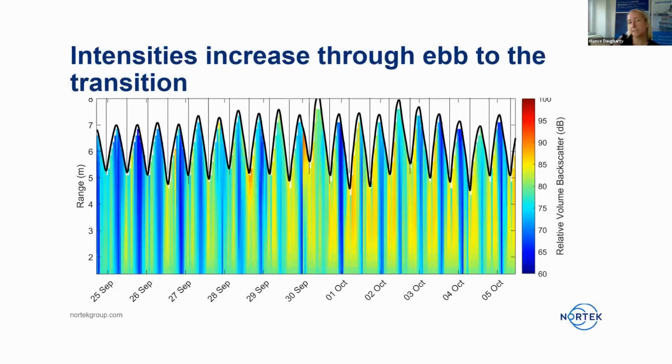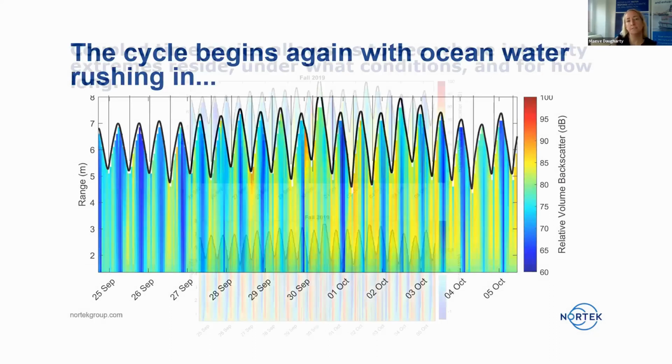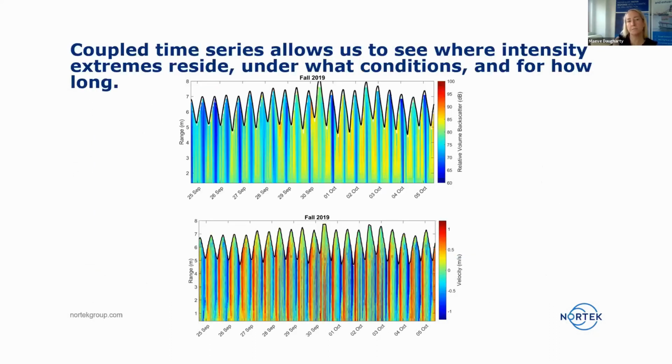Then these intensities increase through the ebb cycle to the transition. And you can see these pockets of high intensity value at the sea surface at low tide. And then the cycle begins again with ocean water rushing in. So this coupled velocity echogram time series allows us to see where intensity extremes reside, under what conditions, and for how long.